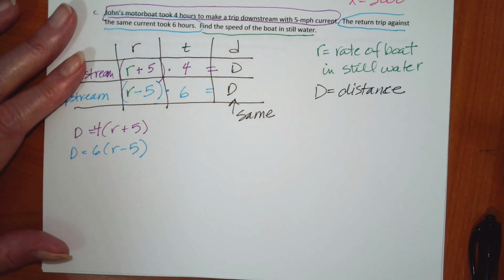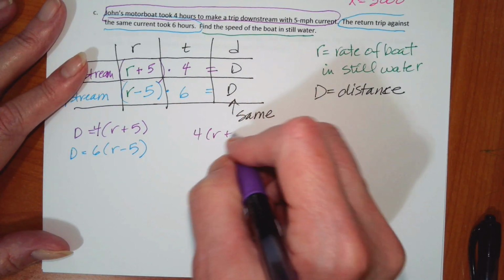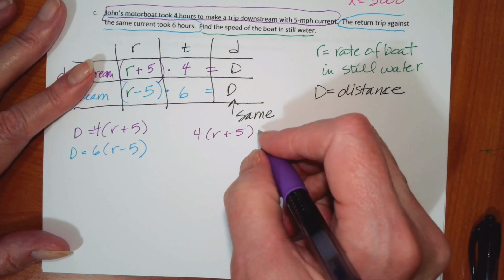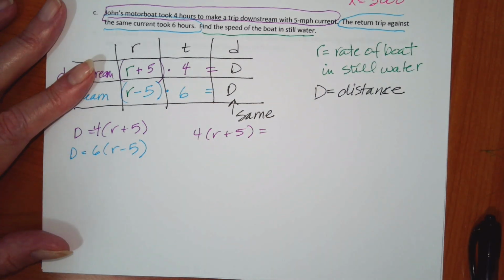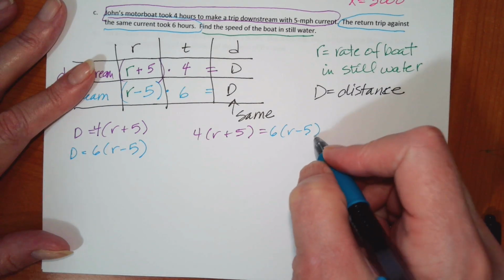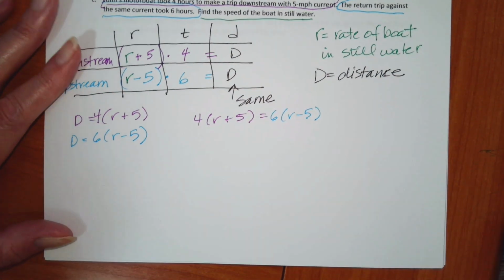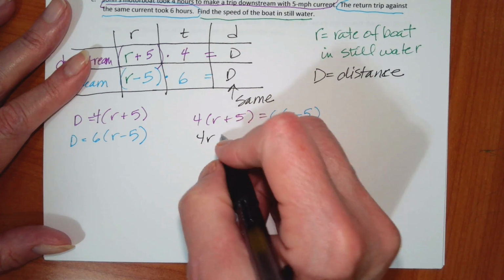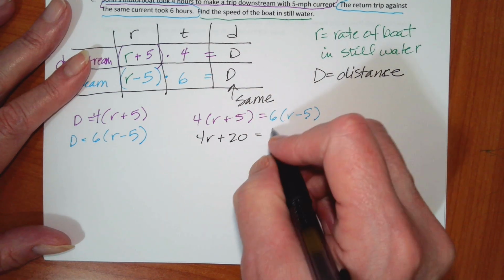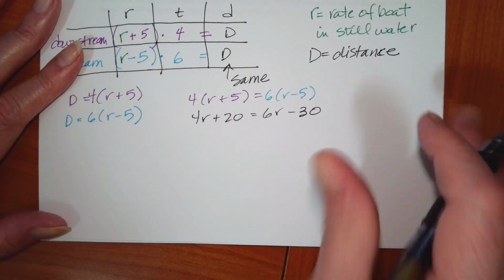So I have 4 times r plus 5 is equal to 6 times r minus 5. So this gives me 4r plus 20 is equal to 6r minus 30.